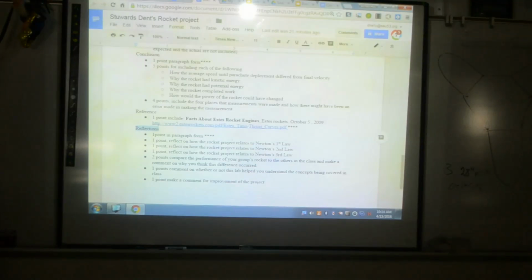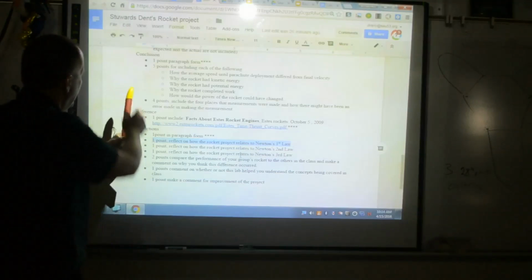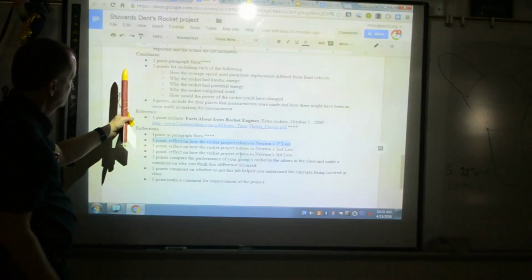So, the first law, which we'll talk about more after we finish this project, most people are very familiar with, is that an object does not change its state of motion unless a force acts on it. So for your rocket, the rocket is clearly just sitting on the launch pad, not moving at all.